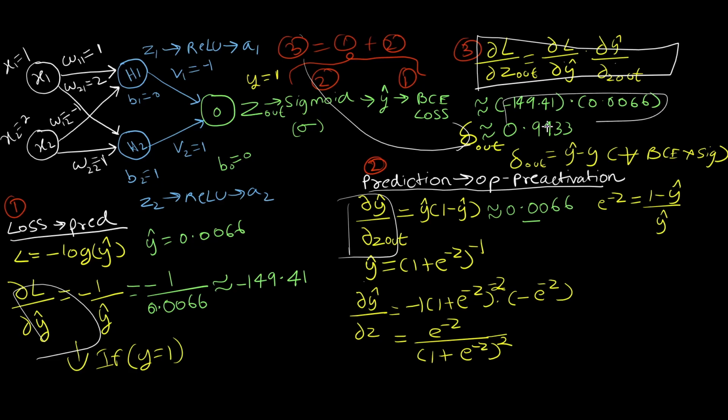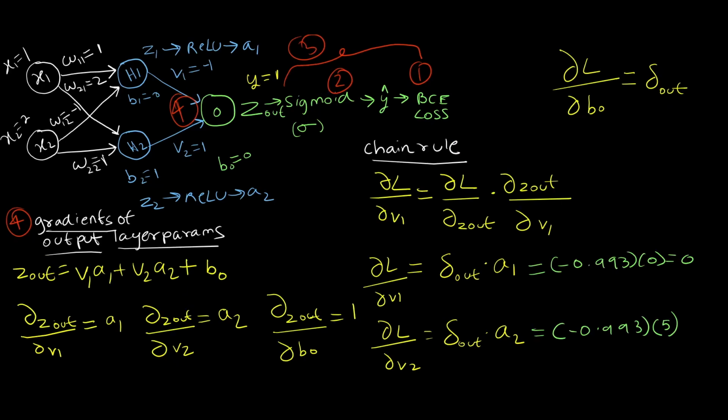We can just substitute and find the output for it. So if we see carefully, for cases where the neural network has binary cross entropy loss and sigmoid activation, this error signal can be simplified to just this form, y cap minus y, which is predicted minus the actual value. And so now let's see the fourth step.